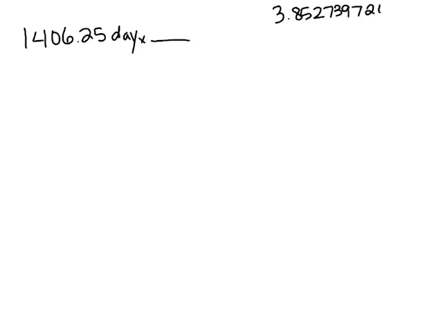So let's go back. 1406.25 days. And then days to weeks. Let's write this other one down before my calculator turns off. 3.8527397726. Okay. Years.